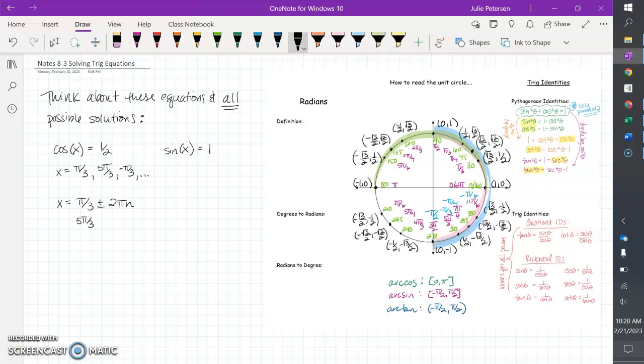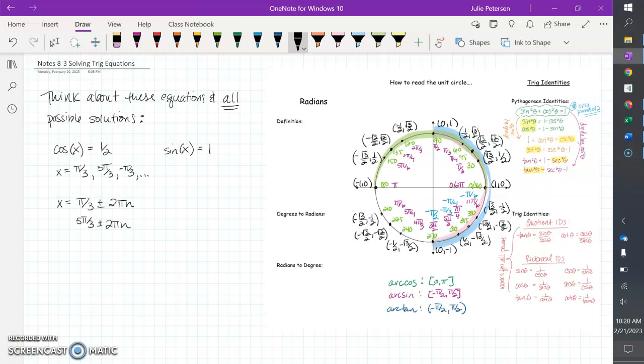And that n is just an integer, a whole number, and it indicates a revolution. So if n was 1, we'd be adding 1 revolution. If n was 2, we'd be adding 2 revolutions. But what this indicates is, if you think about how it looks on the graph, it crosses the x-axis an infinite number of times, and this just identifies all those times that it happens. So this is how we write our solutions for all the possible angles.